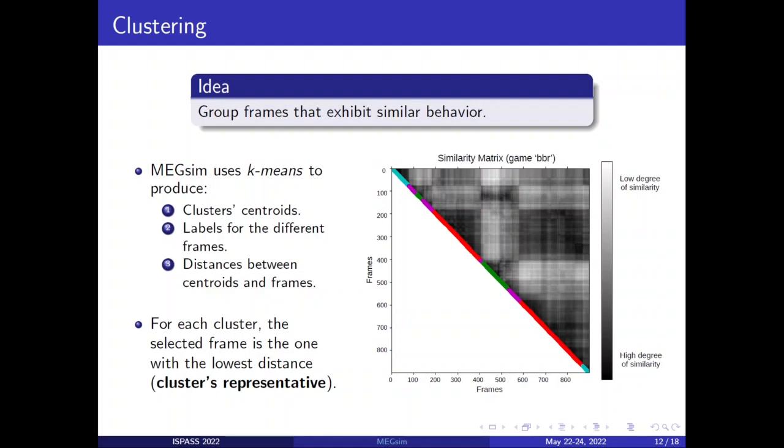For each cluster, what we do is to select the frame with the lowest distance, and this will be the cluster representative. This is the frame that will be simulated.